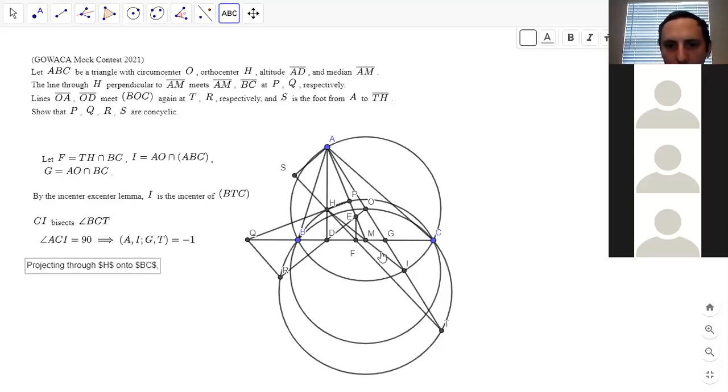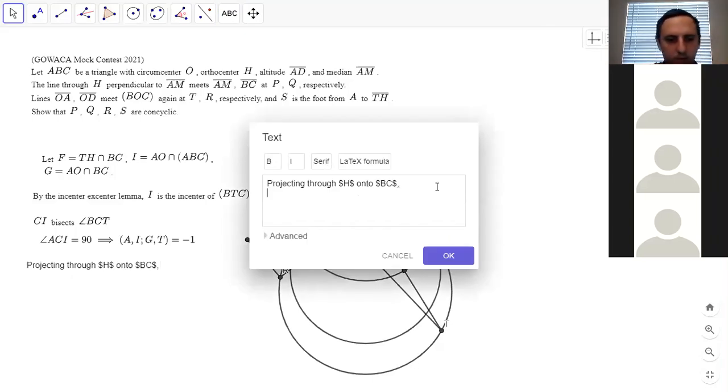So A, I, G, and T are in harmonic conjugation, and if we project through H, that would mean D, M, G, F are in harmonic conjugation. I don't know if I'm writing these in the right order, so correct me if the order is wrong.